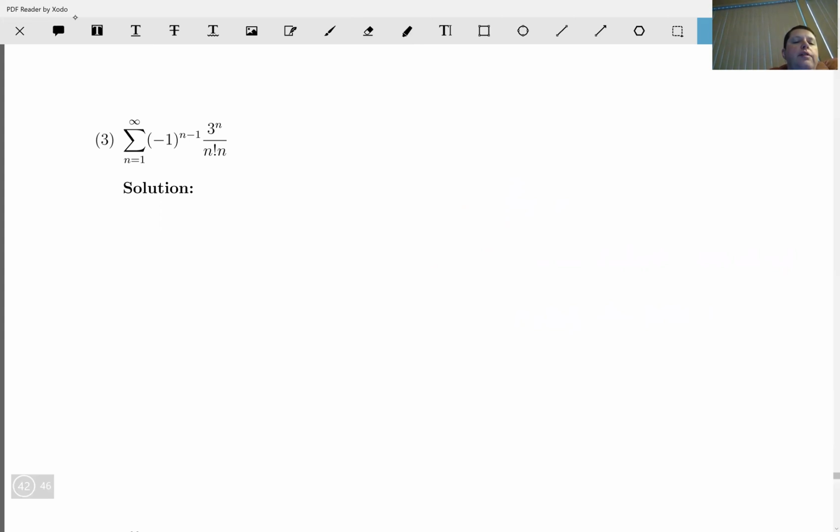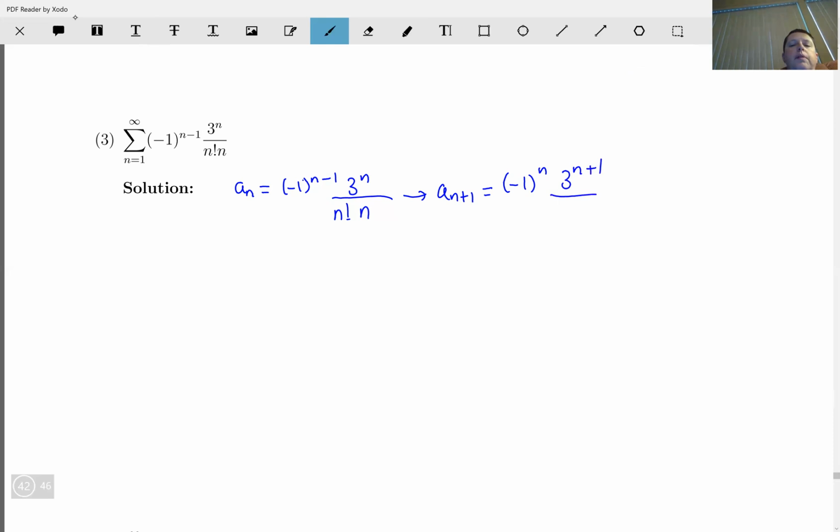Okay, so a sub n here is (-1) to the n minus 1 times 3 to the n over n factorial times n. So the n plus first term is going to be (-1) to the n plus 1 minus 1, which is n, times 3 to the n plus 1 over n plus 1 factorial times n plus 1.